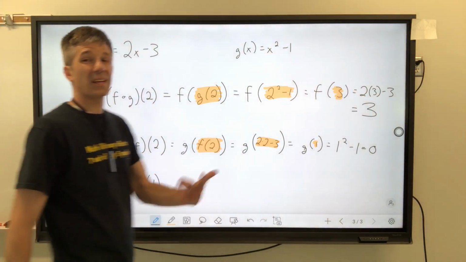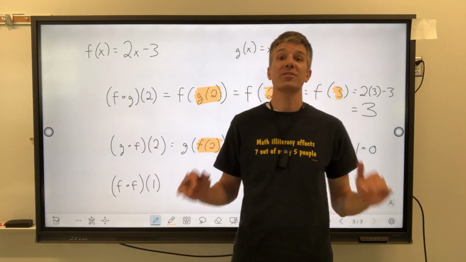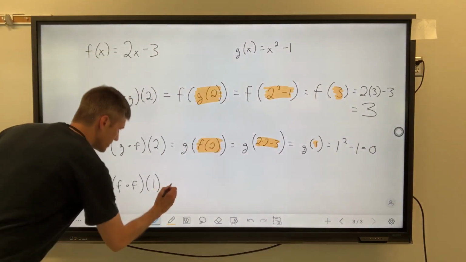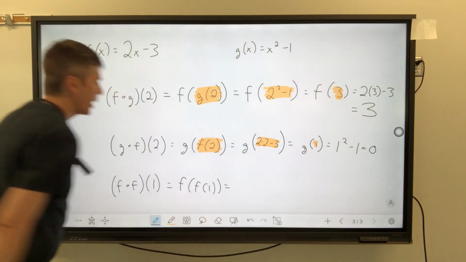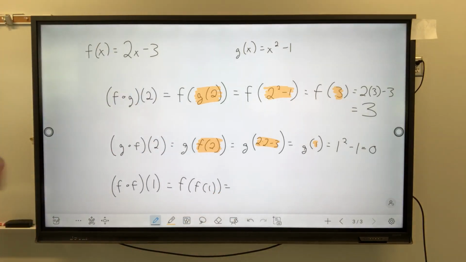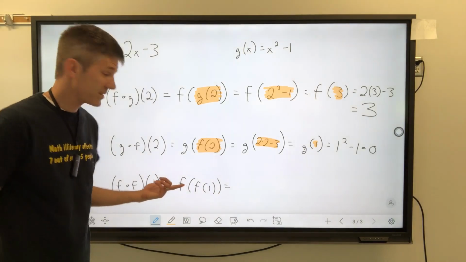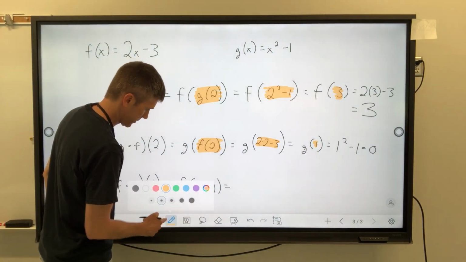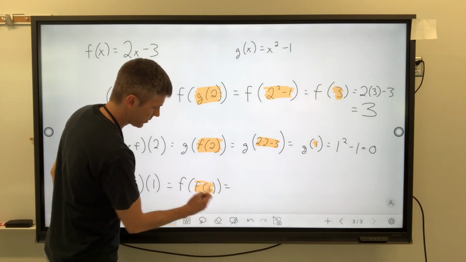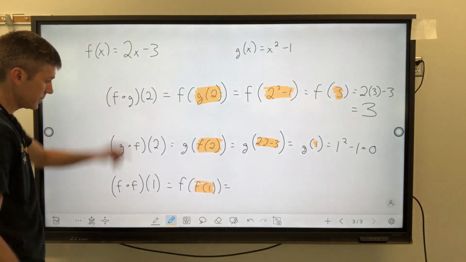So we're going to have to deal with the f function twice and not the g function at all. So that means, let's do a little rewrite, f of f of 1. And so 1 goes into the f function. We're working our way from the inside out. So we're dealing with this first. That comes first. 1's going to go right there.